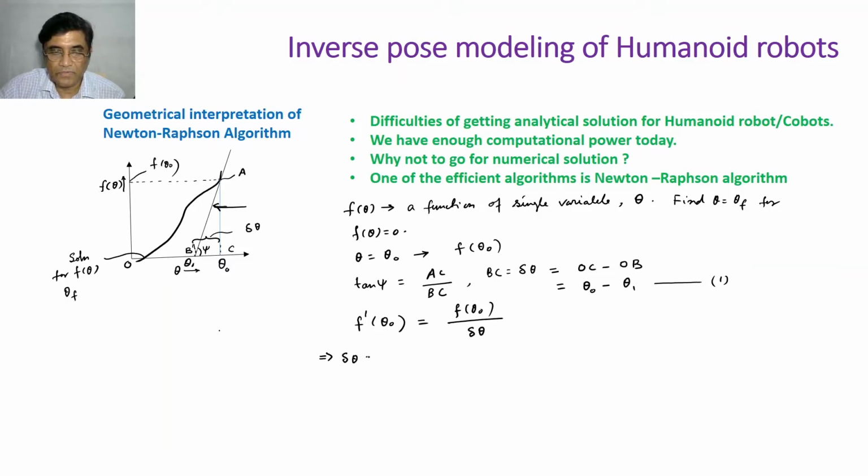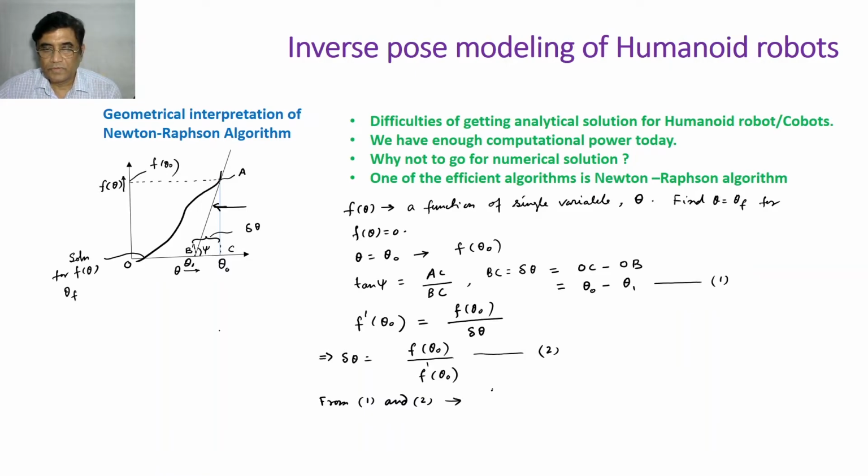So this gives you delta theta equals f of theta 0 minus, this is say 2. So from 1 and 2, what you can get?